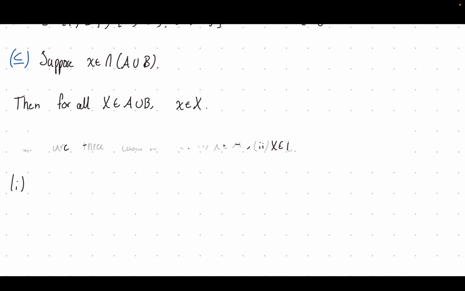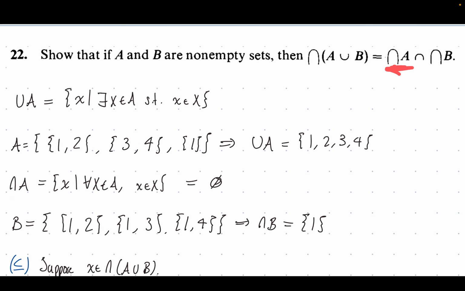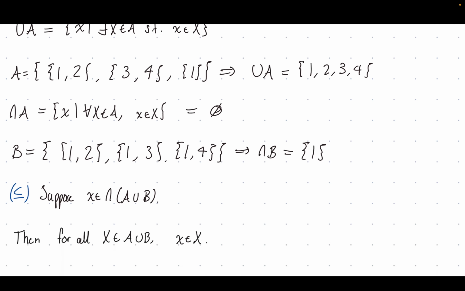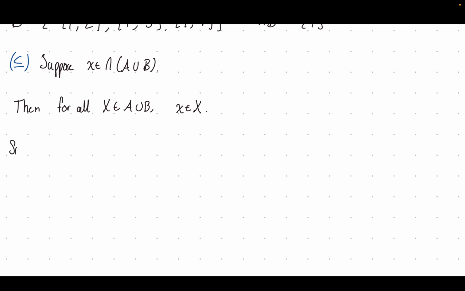I think this is a better way to phrase it. We want to pick an arbitrary element of the intersection of A and an arbitrary element of the intersection of B, and then show that little x is in both of them. So suppose X sub A is in A. Then X sub A is in A union B, since A is a subset of A union B.